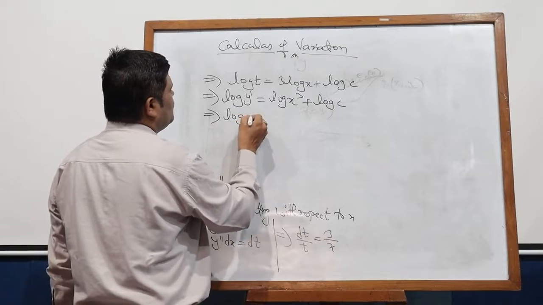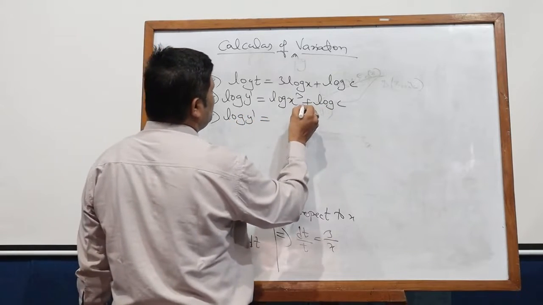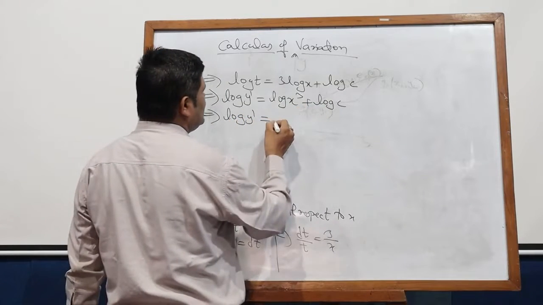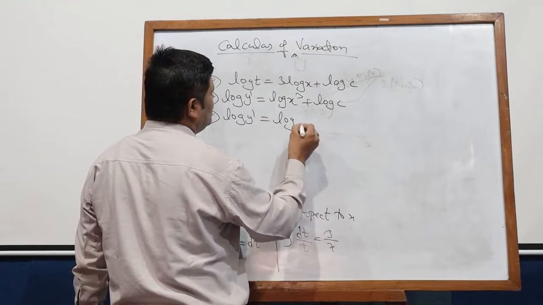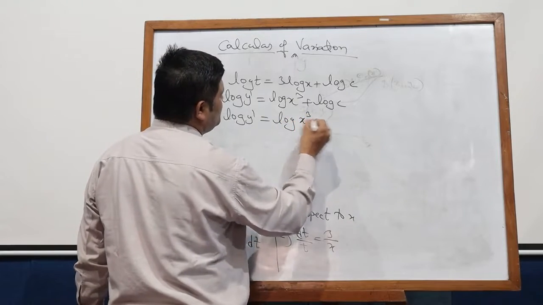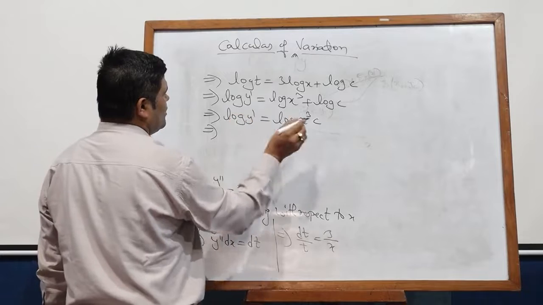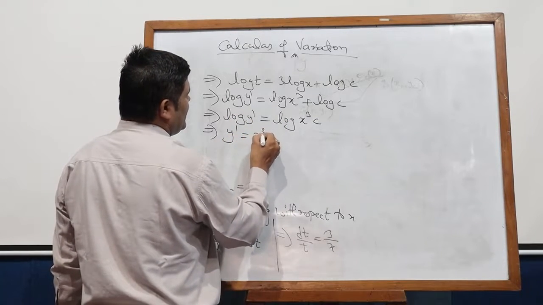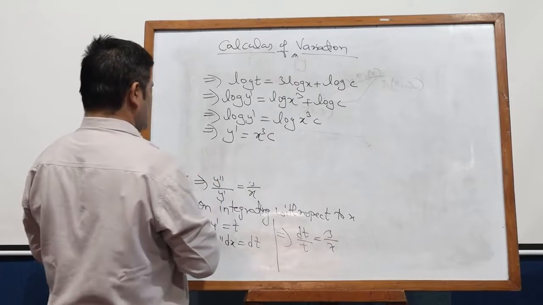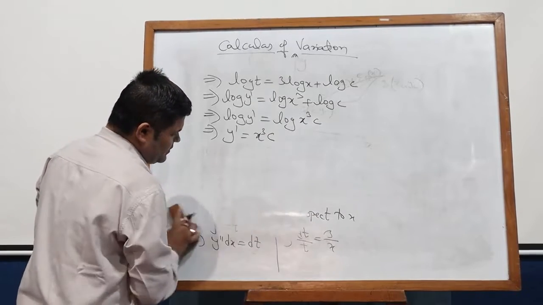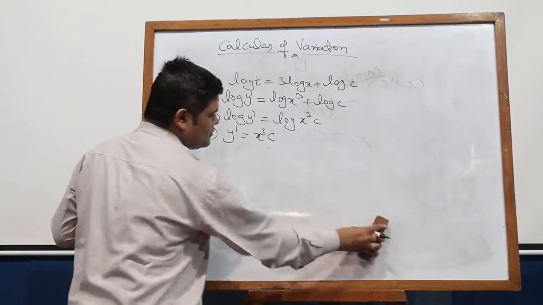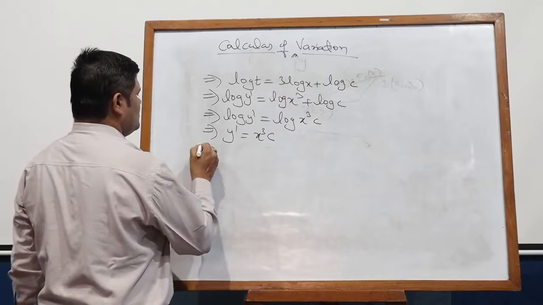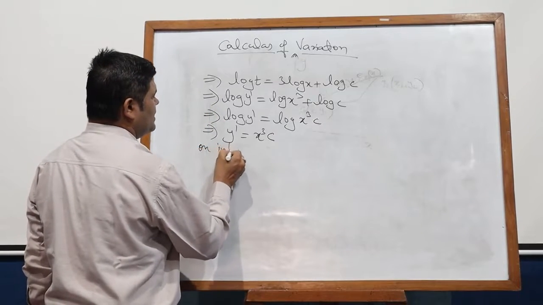When there is addition between the logs, it turns to x cube c, and here log on both sides cancels out, so we have y dash equals x cube c.